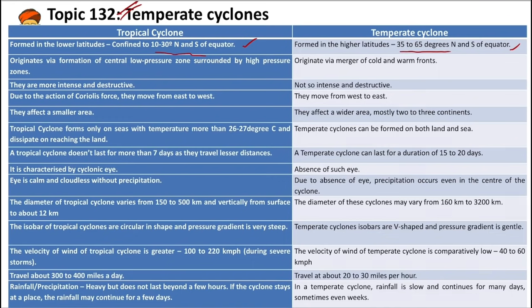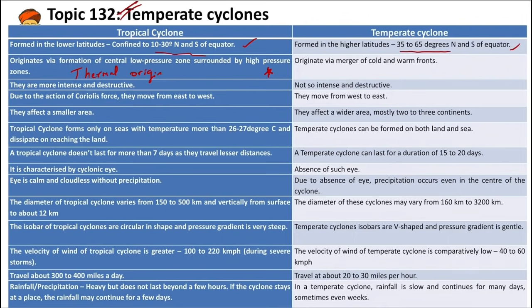Second, a very important difference is the origin, as I told. The origin of tropical cyclones is thermal. You have to remember thermal origin. It originates via the formation of a central low pressure zone, which is surrounded by a high pressure zone.